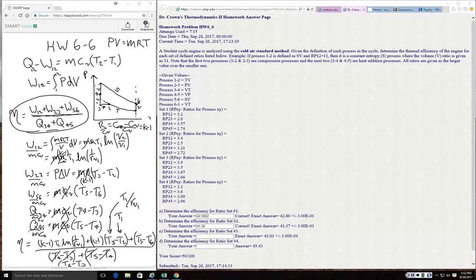I'll have a T1 in every term, and then I can get rid of the T1. And finally, I'm left with only a function of V1, V2, RT, RP, and K.